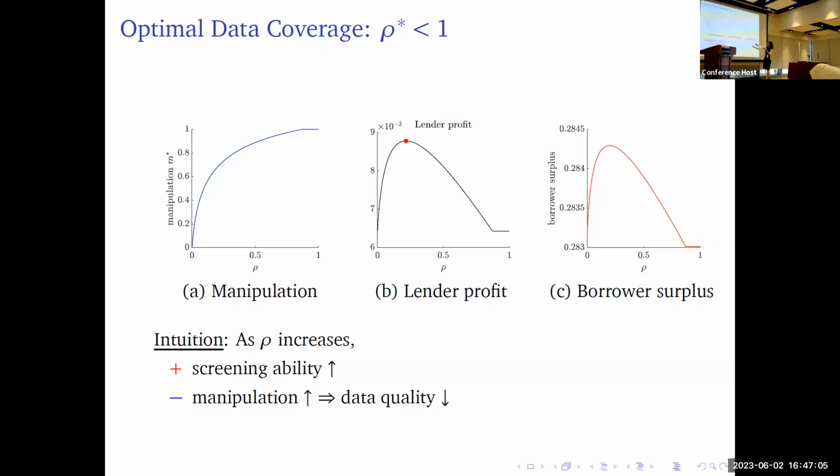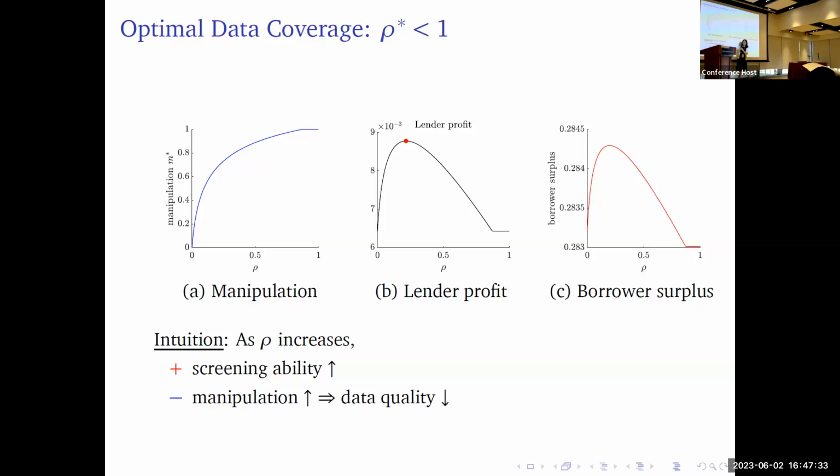So once you see the hump shape, there are some countervailing forces. What are they here? When the lender adopts more advanced data technology, on the one hand, they will have a better ability to screen the borrowers. Okay, so they will be better able to see their digital profiles. That's one positive force that works to the benefit of the lender's profits.